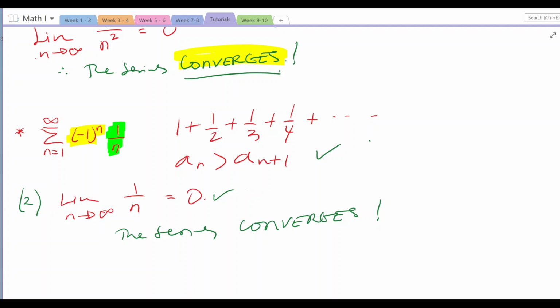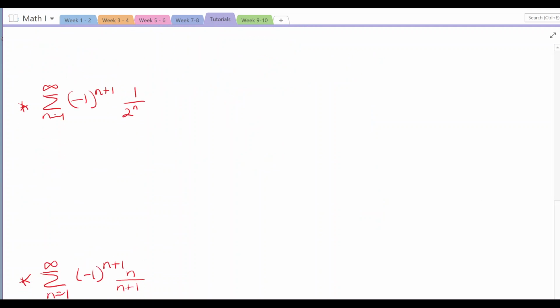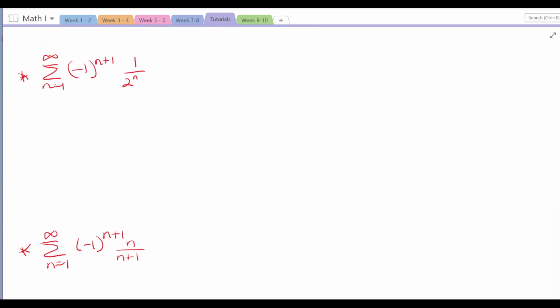Okay, moving on. Let's have a look at the third example. Again, looking at the first condition, we ignore this term that indicates the alternating series. The series is going to look like this: the first term will be 1 over 2 to the power of 1, so it becomes 1 over 2, and then the second will be 1 over 2 to the power of 2, which is 1 over 4, and then 1 over 2 to the power of 3, and so on.